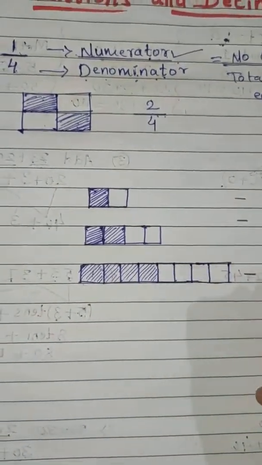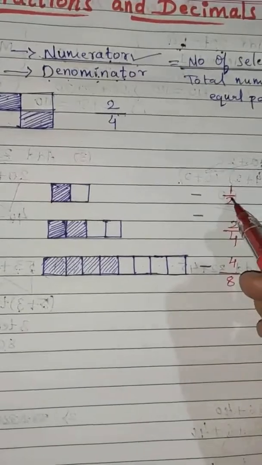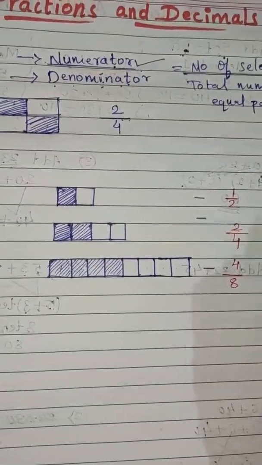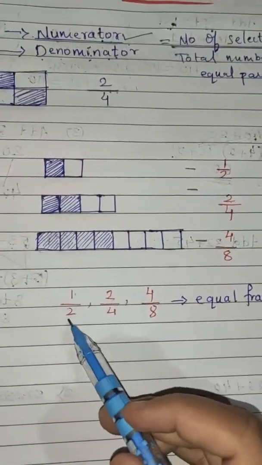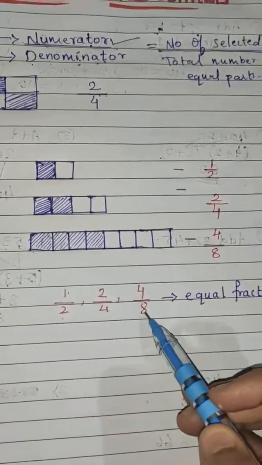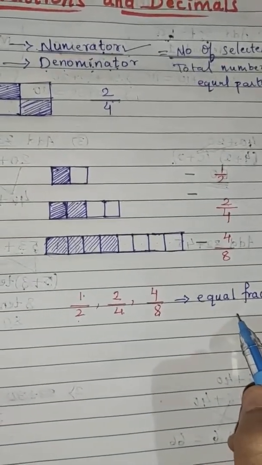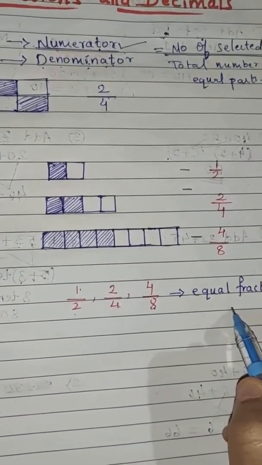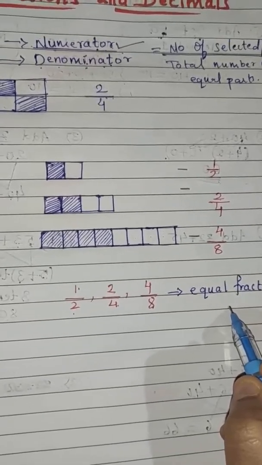Very good. Here 1, 2, 3, 4, so totally 1, 2, 3, 4, 5, 6, 7, 8. Isn't it? So here 1 by 2, 2 by 4 and 4 by 8. So here, children, these 1 by 2, 2 by 4, 4 by 8 are called equal fractions. Okay, so the fractions showing the same quantity are called equal fractions.